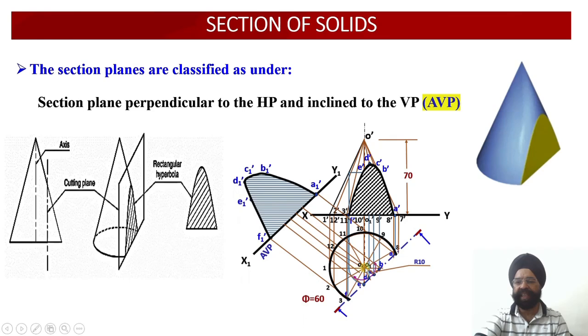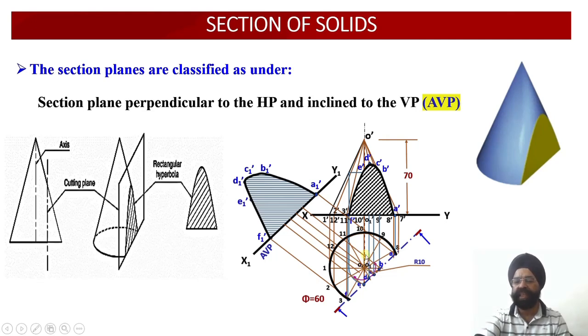Here we can see that this cutting plane is inclined to the vertical plane, and the angle of inclination is given as 60 degrees. Since this cutting plane is perpendicular to HP, it will be parallel to the axis of this cone.